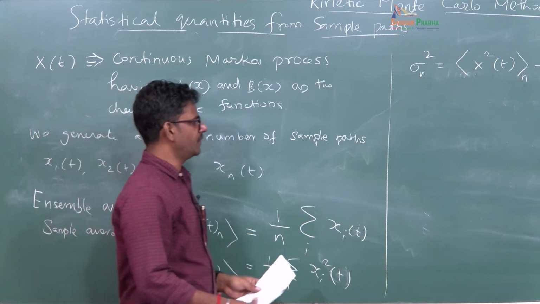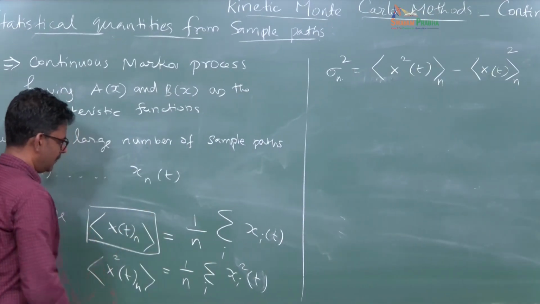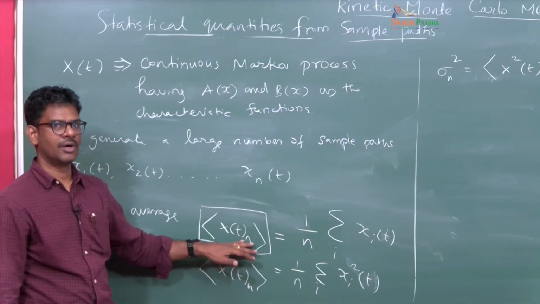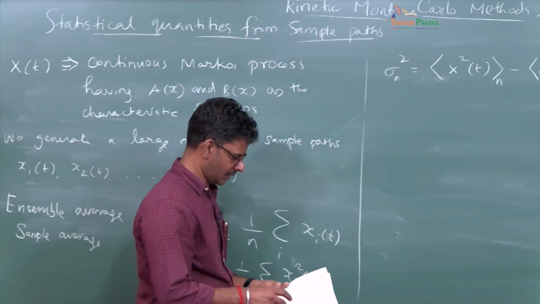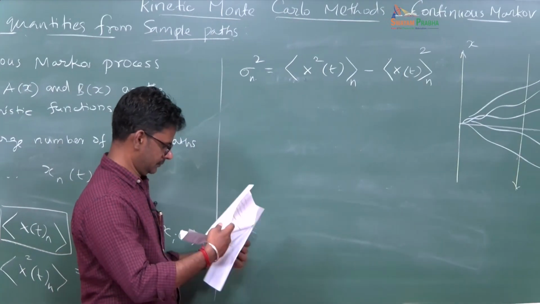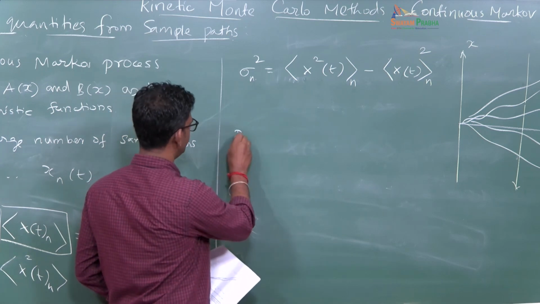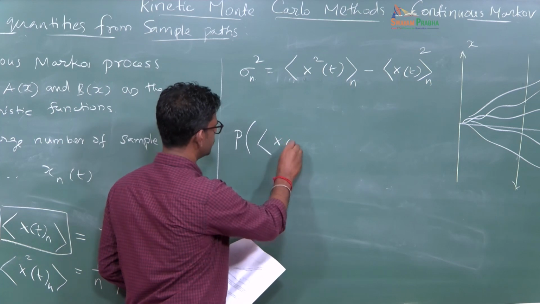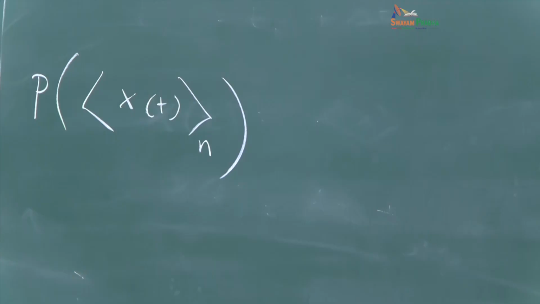So what we can show is, this mean that you see here will have a Gaussian distributed character. So that means the probability of the sample mean X of t over n is going to be a normal random variable.